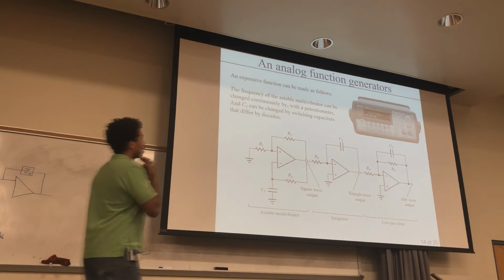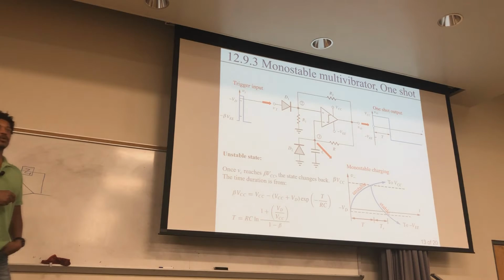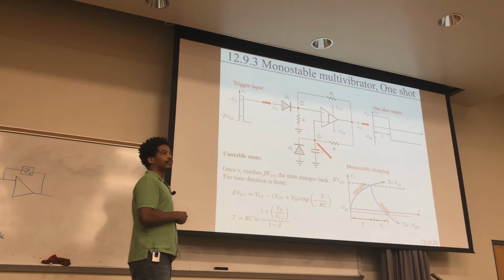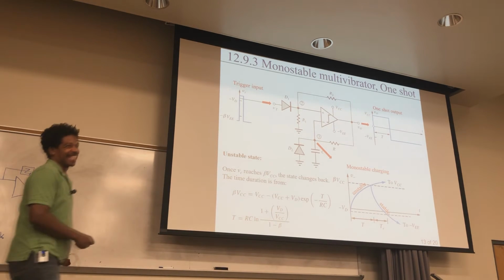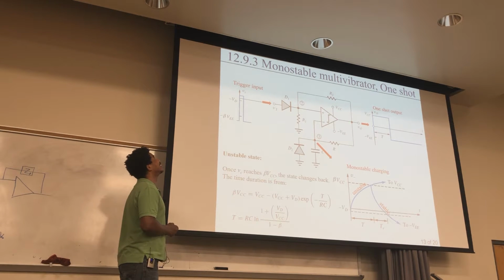So let's try to, oh wait, any questions about the monostable before we go in? I don't know then. That's a good question. There's probably a minimum, right, for this to get started.